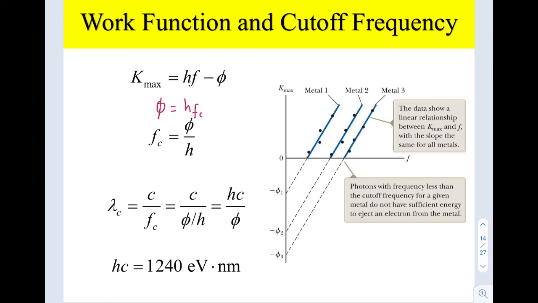Lambda_c is equivalent to c over f_c, where c is the speed of light in vacuum or air, 3 times 10 to the power of 8 meters per second.